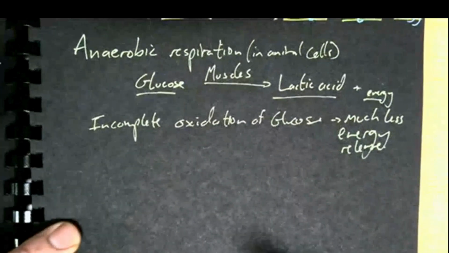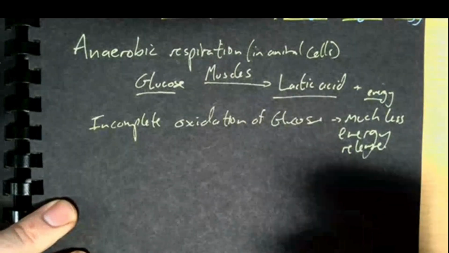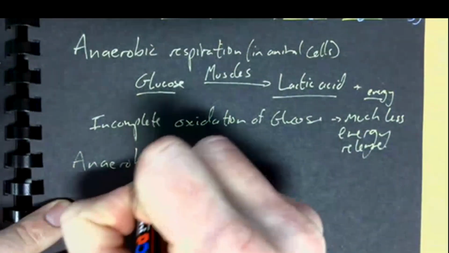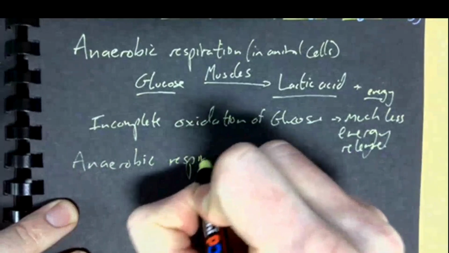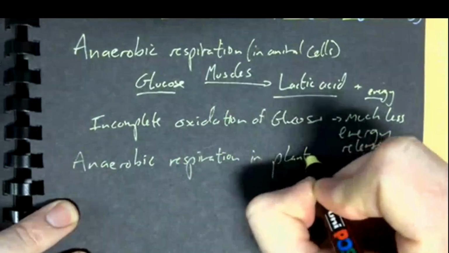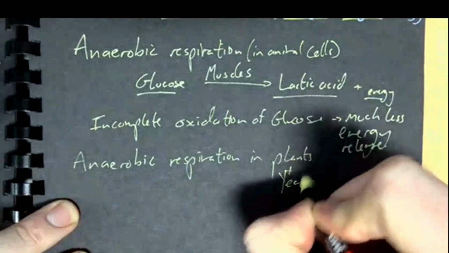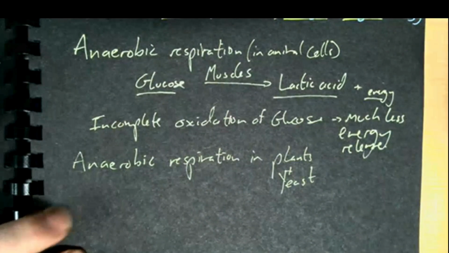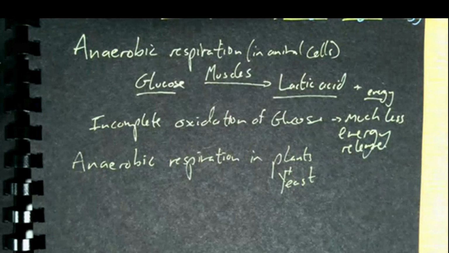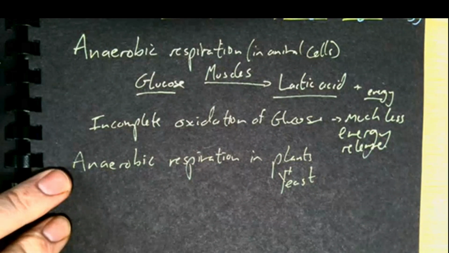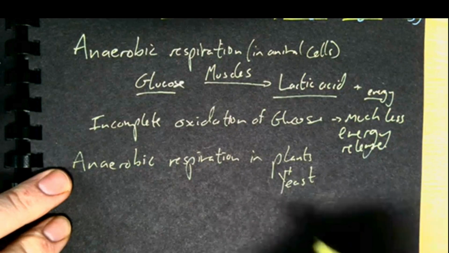So we also have anaerobic respiration in plants and yeast. So we need to know a little bit about that. And in this example, we're going to do some anaerobic respiration in yeast.